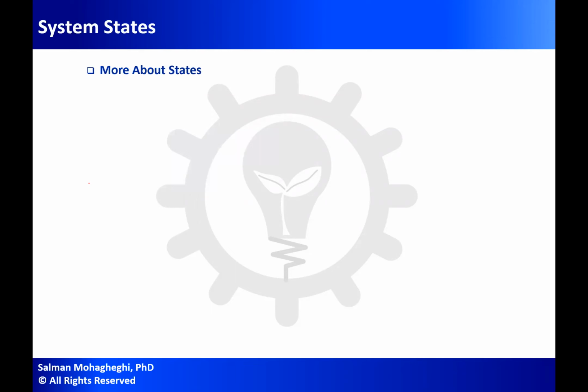Now, before we conclude this topic, I wanted to talk a little bit more about the states. In the beginning of the presentation, I mentioned to you that the states, for the most part, are V's and deltas at different nodes. There are some exceptions. So sometimes we run into situations in which we have to identify additional variables as states.